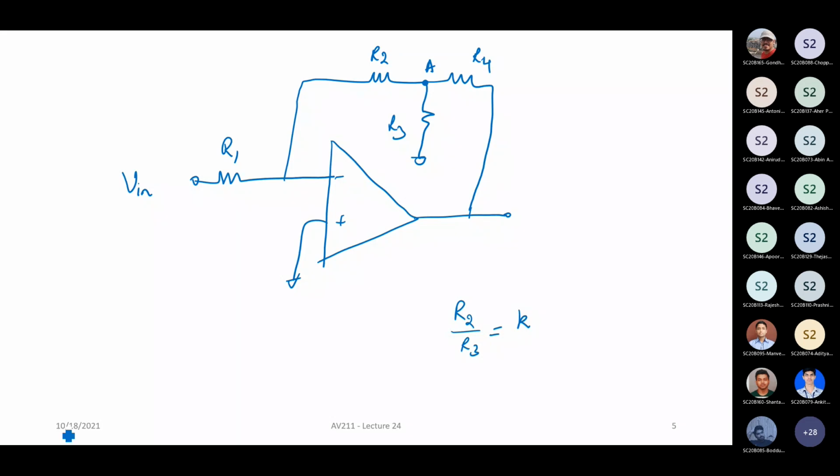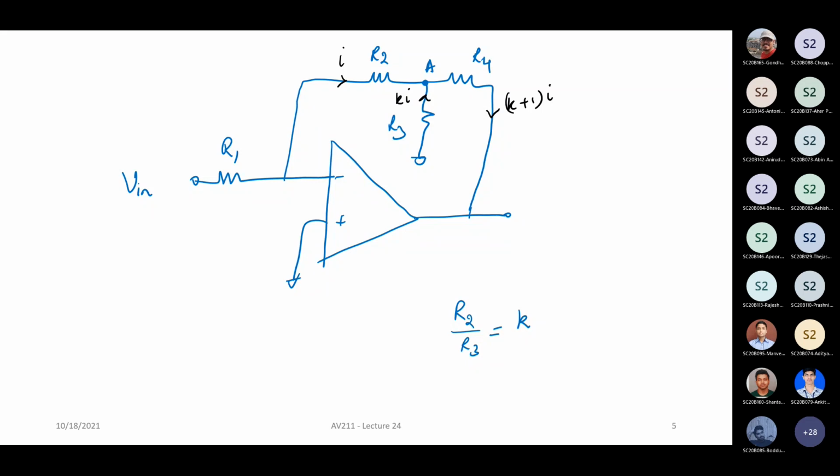Now, if you are having some current I flowing in, you're going to have K times I current flowing through R3. And as a result, you're going to have K plus 1 times I flowing through R4. Now, by adjusting the ratio between R3 and R2, you are taking very little current from the input, but you're providing another parallel path through R3, where you're taking the current from ground, right?